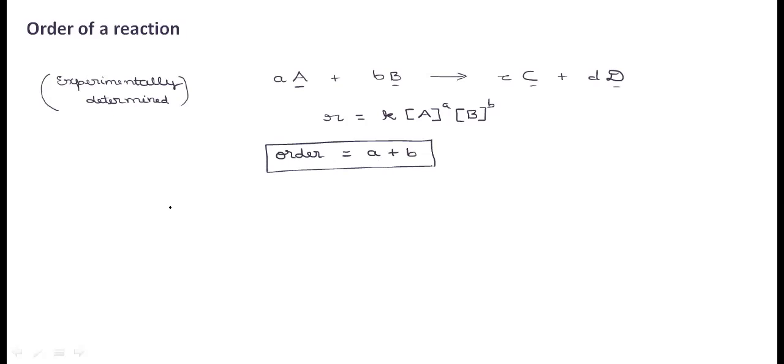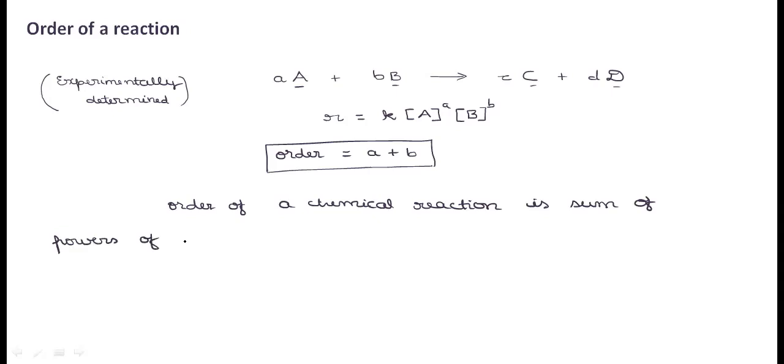So the order of a chemical reaction is the sum of the powers of the concentration of the reactants, and it should be a rate determined expression.